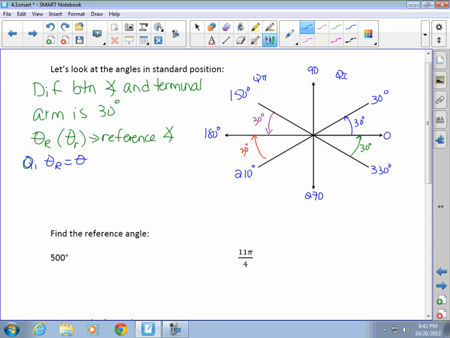So in quadrant 2, to find my reference angle, I took my 180 degrees and I subtracted whatever my angle was.